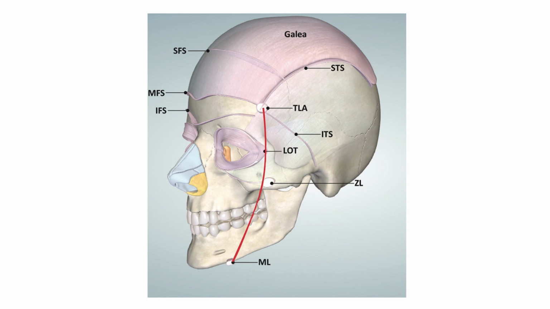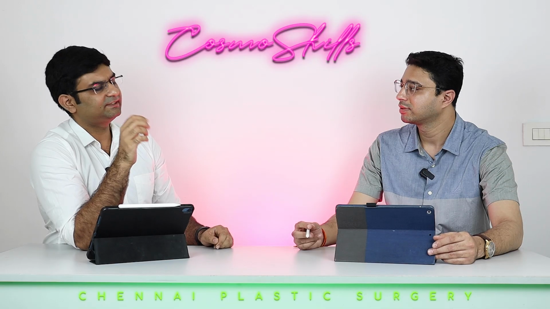So actually, we can divide the face into anterior and lateral face. When we draw a line vertically along the lateral orbital rim, we can divide the face into the anterior face and the lateral face. The significance of this division is that most of the muscles of facial expression are present in the anterior face.